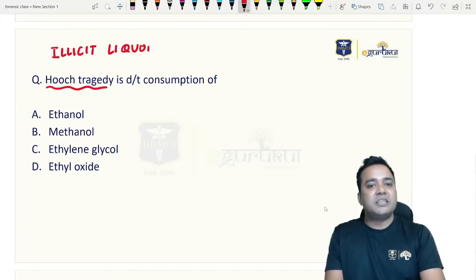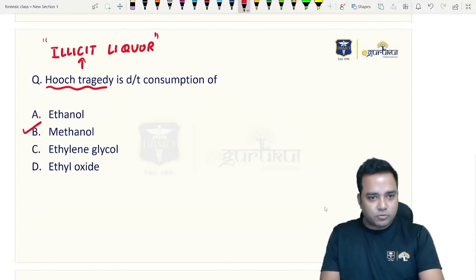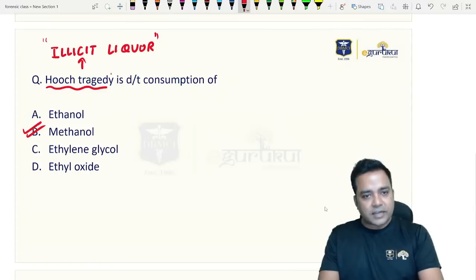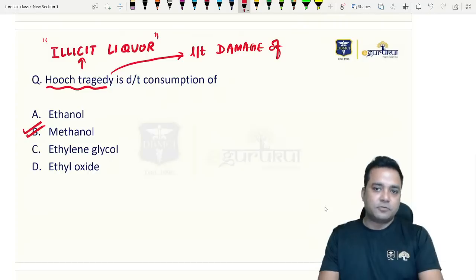Kachchi sharab, desi sharab, we say in Hindi; in English, illicit liquor is due to methanol. And whose tragedy or consumption of illicit liquor leads to damage of optic nerves. They are in love with optic nerves. Why?